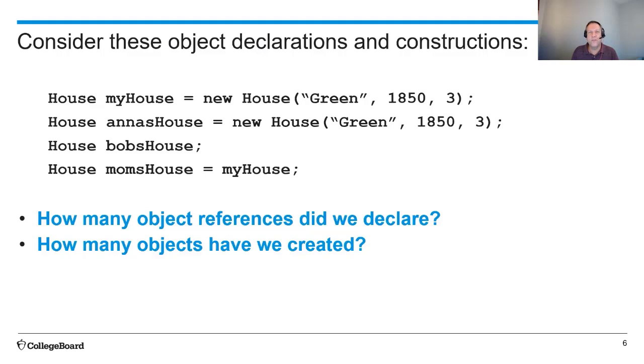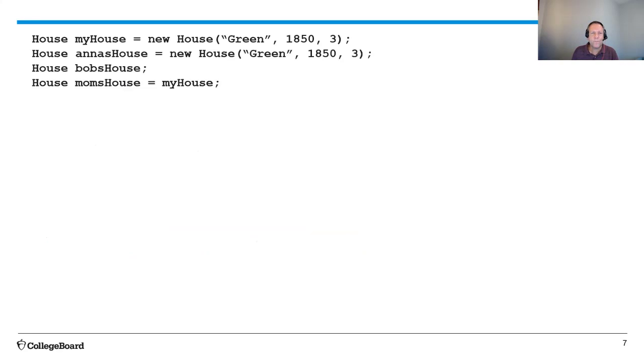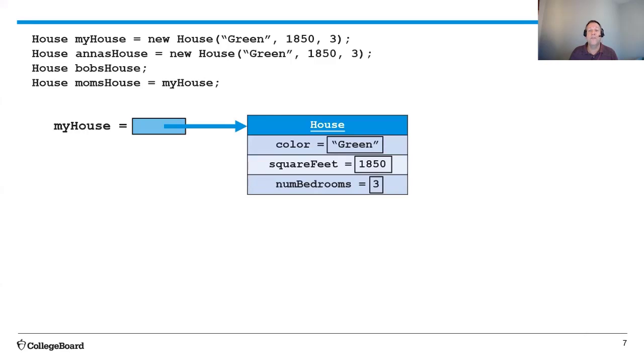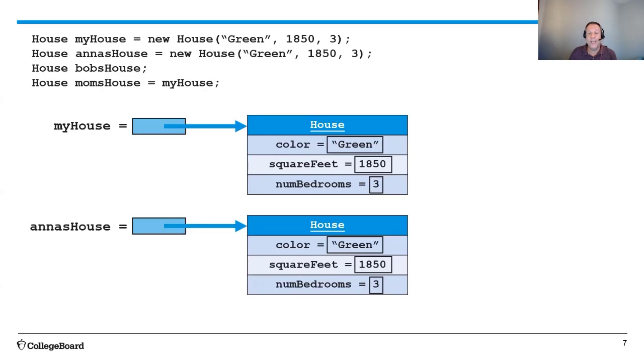Let's look at a picture of this to represent it a little bit better. So here are the same declarations and constructions that we just discussed. myHouse is an object reference that contains the address of this house object that we just created and all the attributes, the color, the square feet, and the number of bedrooms. annasHouse contains the address of this object that is just created, color, square feet, number of bedrooms, identical, but it is a separate house. Bob's house, we didn't do anything with it, so it's null right now.